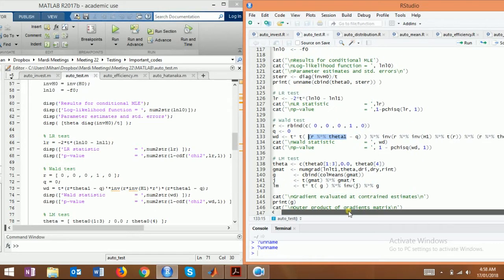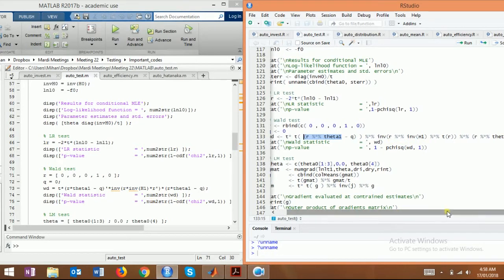So R theta 1 minus q multiplied by the inverse of R into inverse Hessian into R transpose, inverse of R inverse Hessian into t(R).